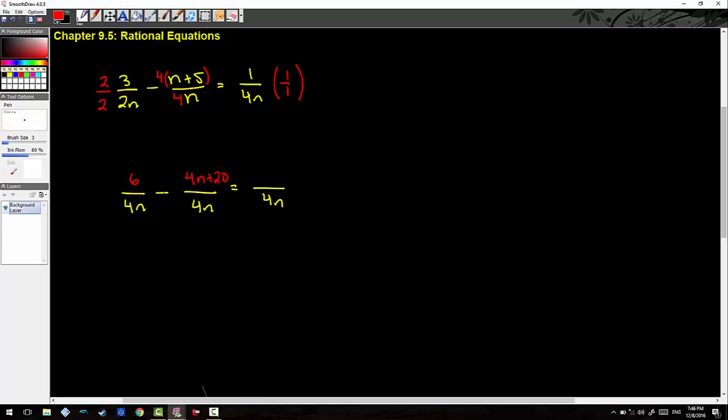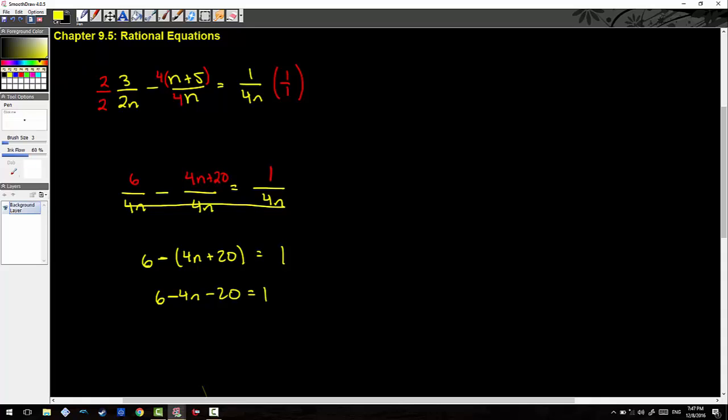And this stays a 1. Once I have all the denominators the same, I can disregard them and say I have 6 minus, and you want to be careful here, because I'm not subtracting just 4n, I'm actually subtracting the whole thing, and that's going to equal 1. So from here, 6 minus 4n minus 20 equals 1.